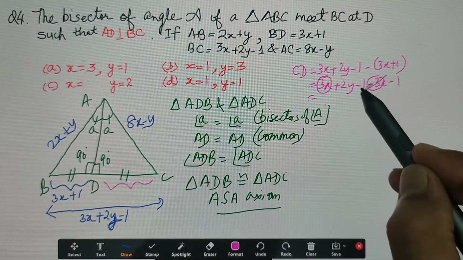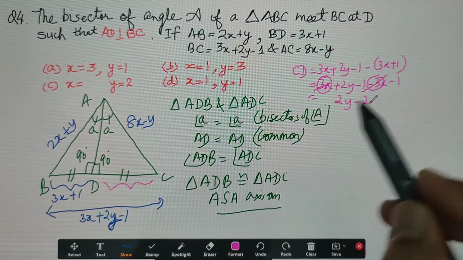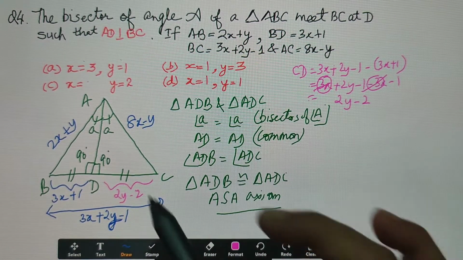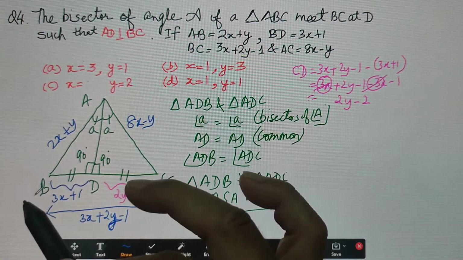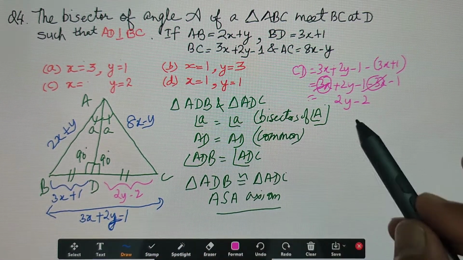Plus and minus get cancelled. So the value of CD is going to be 2y minus 2. Now we know that the triangle ABD and triangle ACD are congruent to each other.